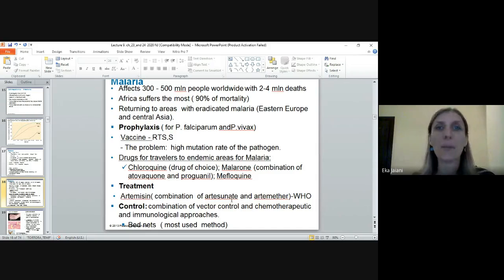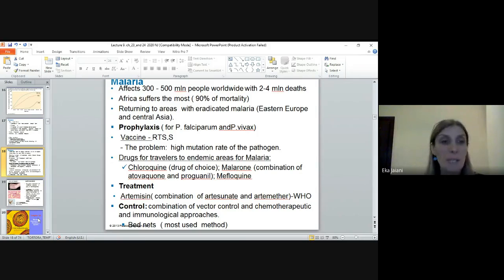And therefore, companies are not interested to develop effective medications against malaria. Yeah, it's not so human thinking, but yeah, economic profit is very important, probably.